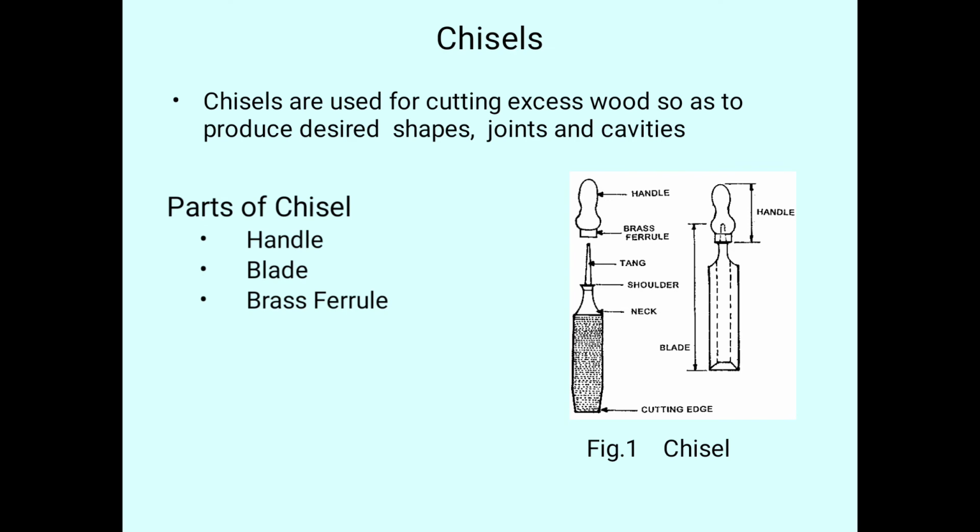In the first figure we can see that part. Next, tang. Just below the brass ferrule there is a part called tang. Next, below the tang there is a shoulder. Next, below that, neck. And the last one, at the bottom, is the cutting edge. From top to bottom, we have all the parts.